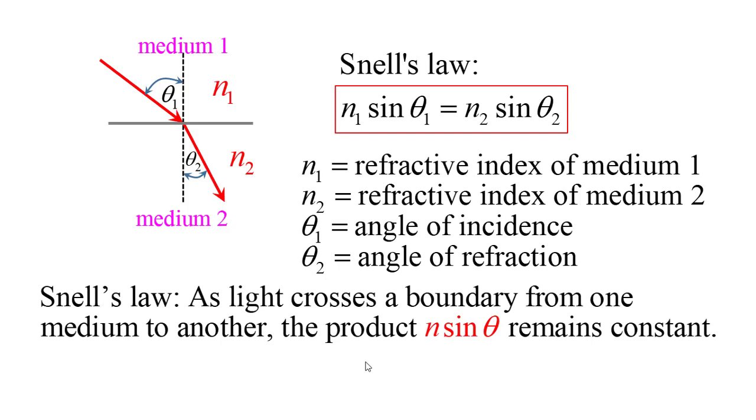So in words, Snell's law is, as light crosses a boundary from one medium to another, the product n sine theta remains constant, or n1 sine theta 1 is equal to n2 sine theta 2 is equal to n3 sine theta 3, and so on.